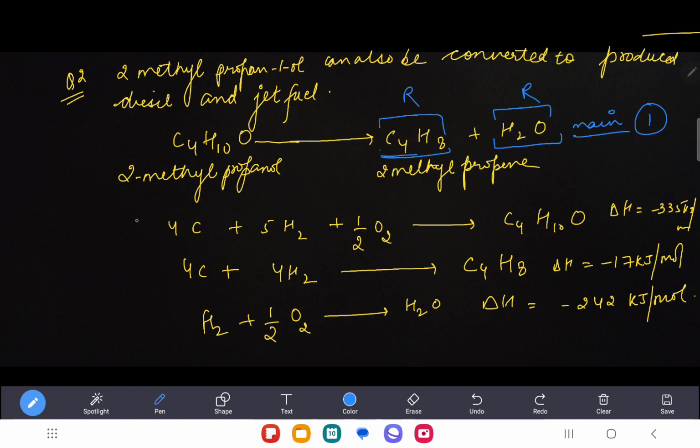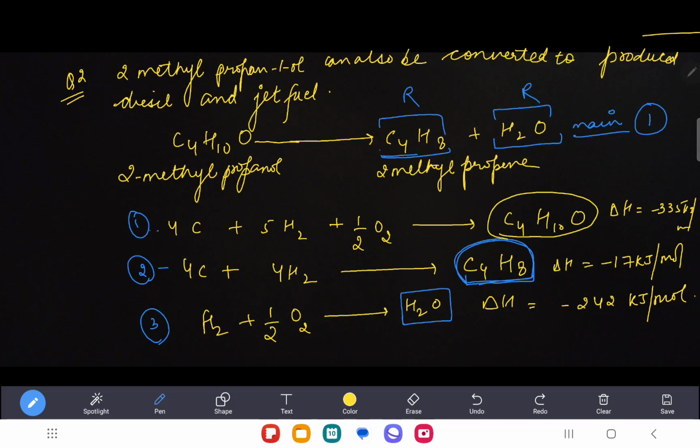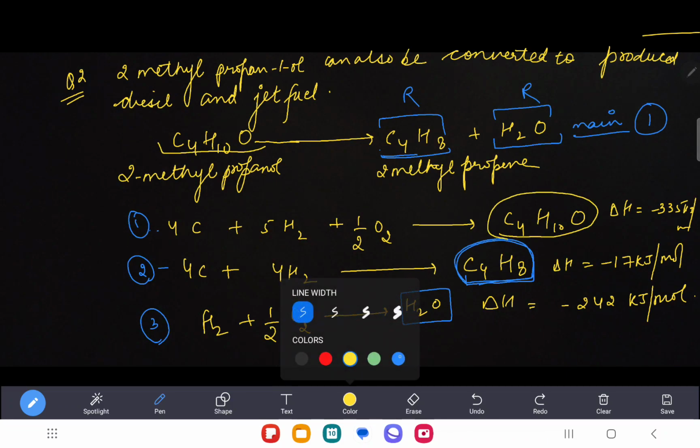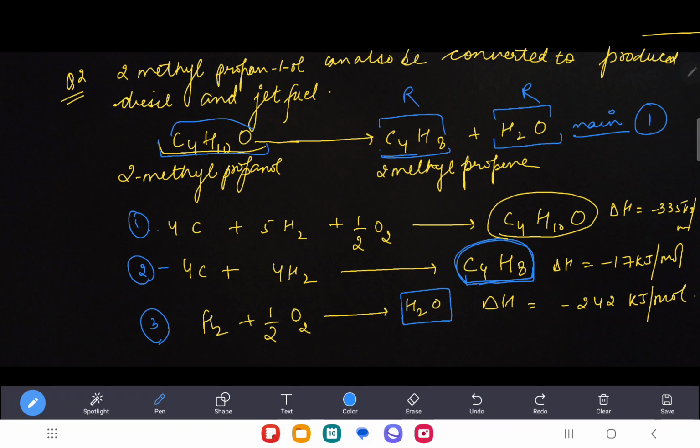Using equation number 1, 2, and 3, do you realize that C4H8 is on the right hand side and H2O is also on the right hand side? And what about C4H10O? I need C4H10O on the left hand side in the main reaction. Just this understanding will tell you which reaction has to be reversed and which is not to be reversed.